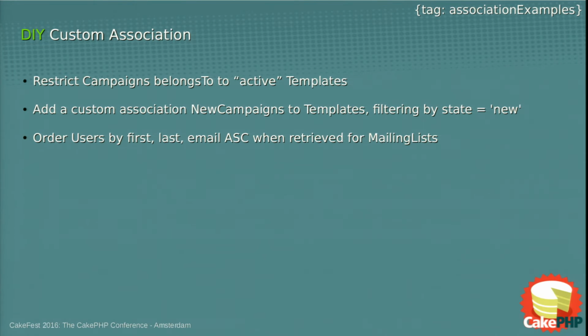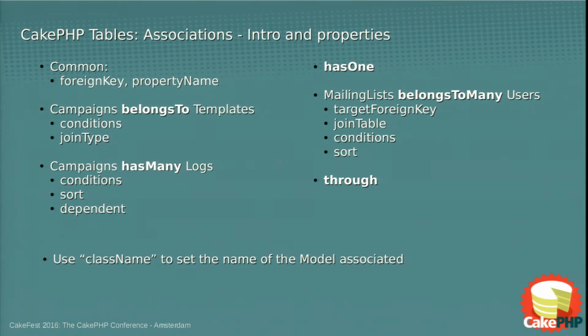So the objective of this example is to create a new association that says templates has many new campaigns, and the new campaigns are restricted by state equals new. Keep in mind, restricting can be done using the conditions configuration property in the association. I'll leave you 5 seconds and then start writing the solution.